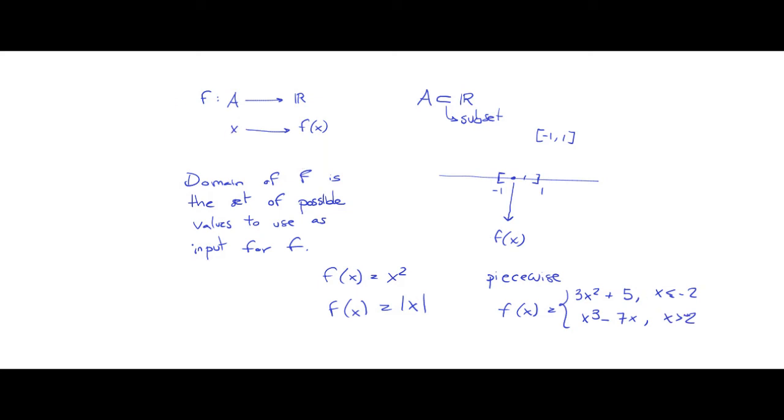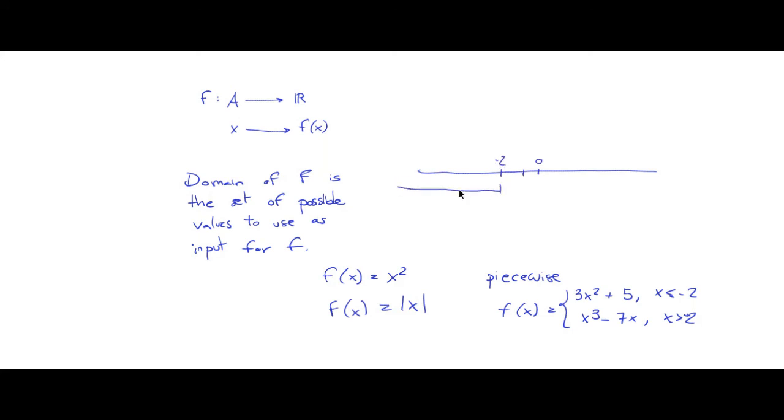So that means, if I'm using this, the real line, this is 0, -1, -2. From -2 to -infinity as the domain, this function assigns 3x squared plus 5. And then from -2 onwards to infinity, it assigns x cubed minus 7x.